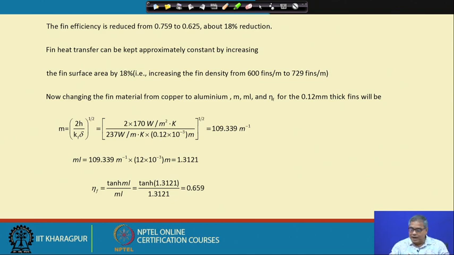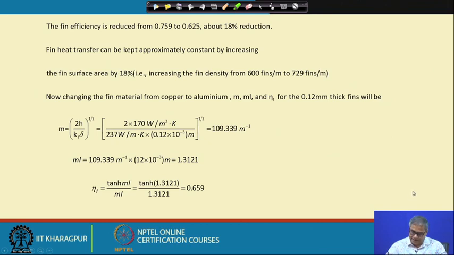Keeping 0.12 millimeter thickness of the fin uniform, we get an efficiency of 0.659. That means 66% efficiency, which is less than our efficiency of copper fin.